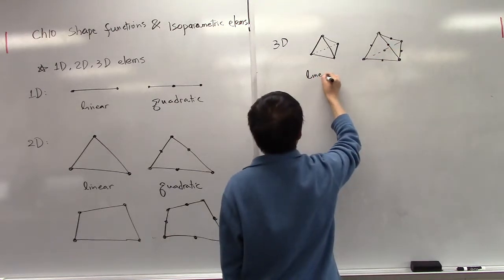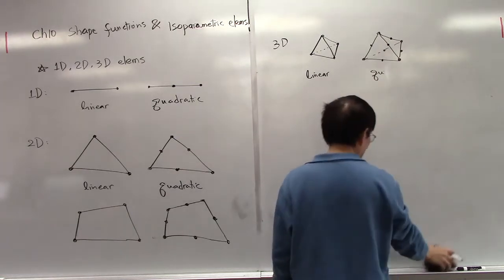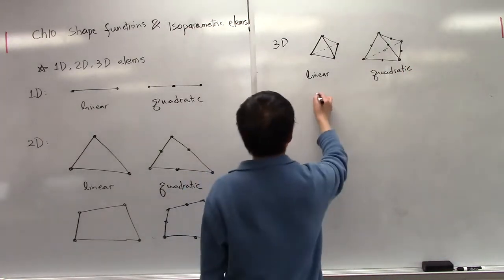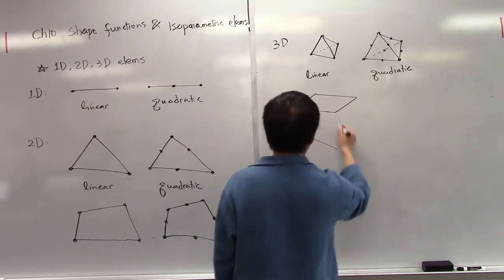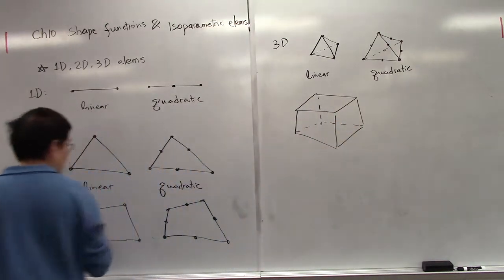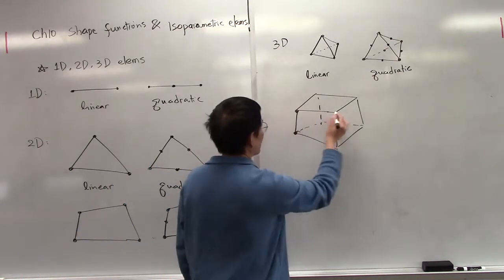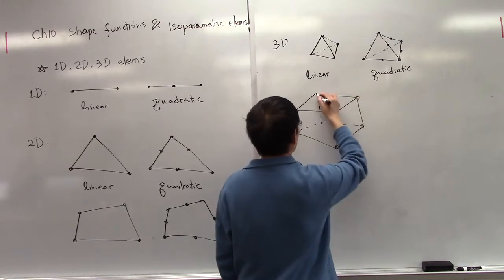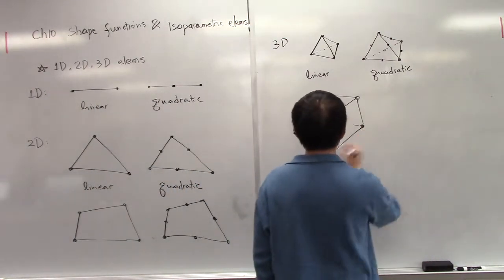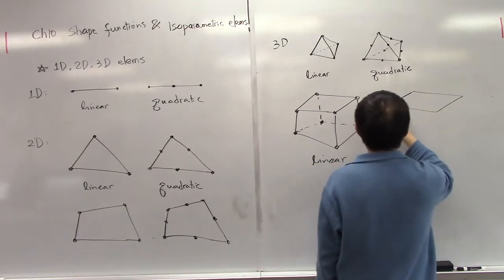So this again is linear, and this is quadratic. You can also have a brick element, which is the equivalent of the quadrilateral element. For the brick element, you can have all corner nodes, so that will be an eight-node brick element like this. And again, this will be linear. You can also add the mid-edge nodes.